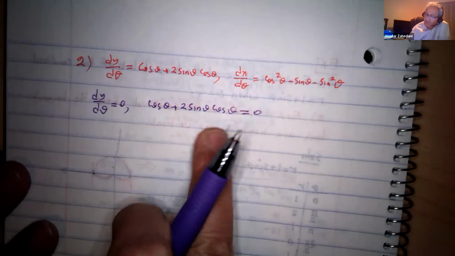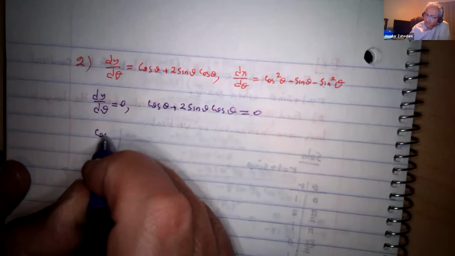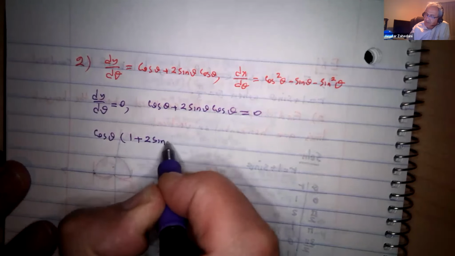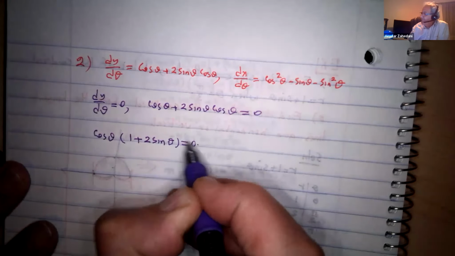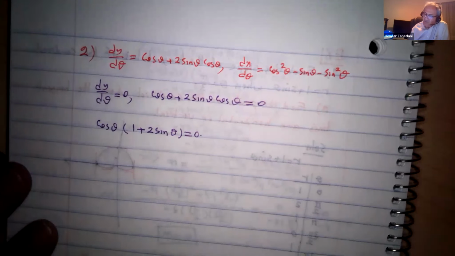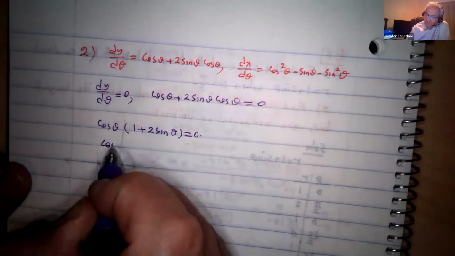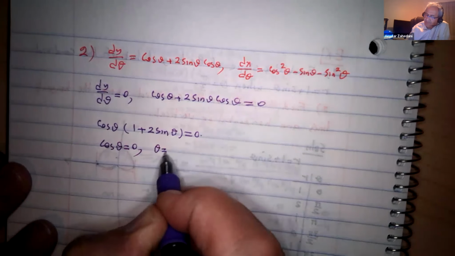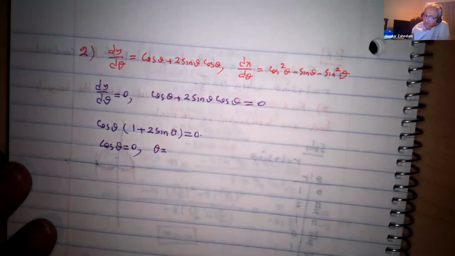You can factor out the cosine θ, so cosine θ times (1 plus 2 sine θ). Let each factor equal 0. Cosine θ equal to 0, you know that gives θ = pi/2.